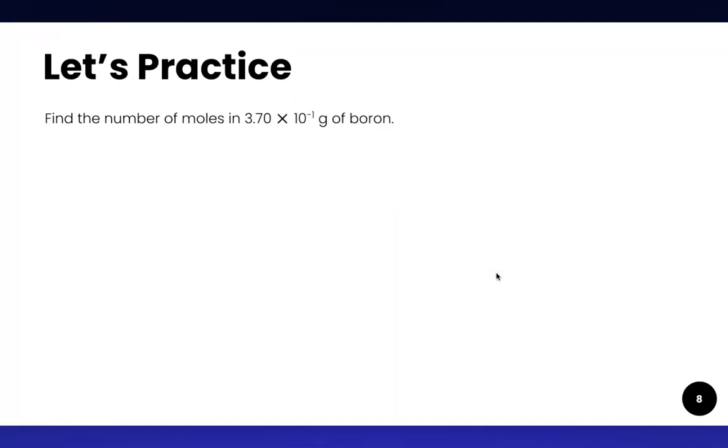Okay, next question. Find the number of moles in 3.7 times 10 to the negative 1 grams of boron. So what I know is that there are 3.7 times 10 to the negative 1 grams of boron, and I need to figure out how many moles there are. So let me set up my conversion chart. And I'm going to convert this number out of scientific notation.